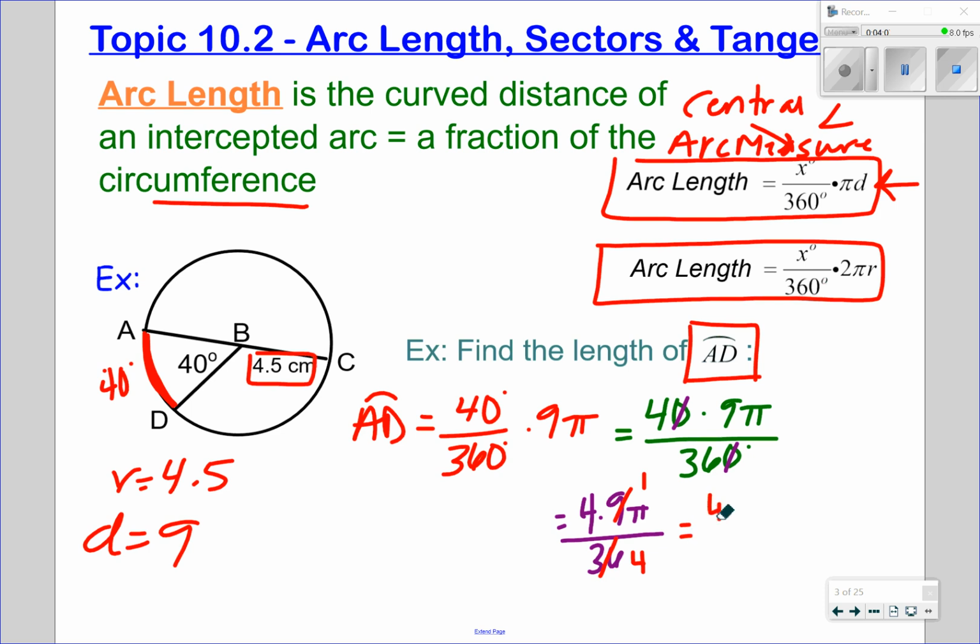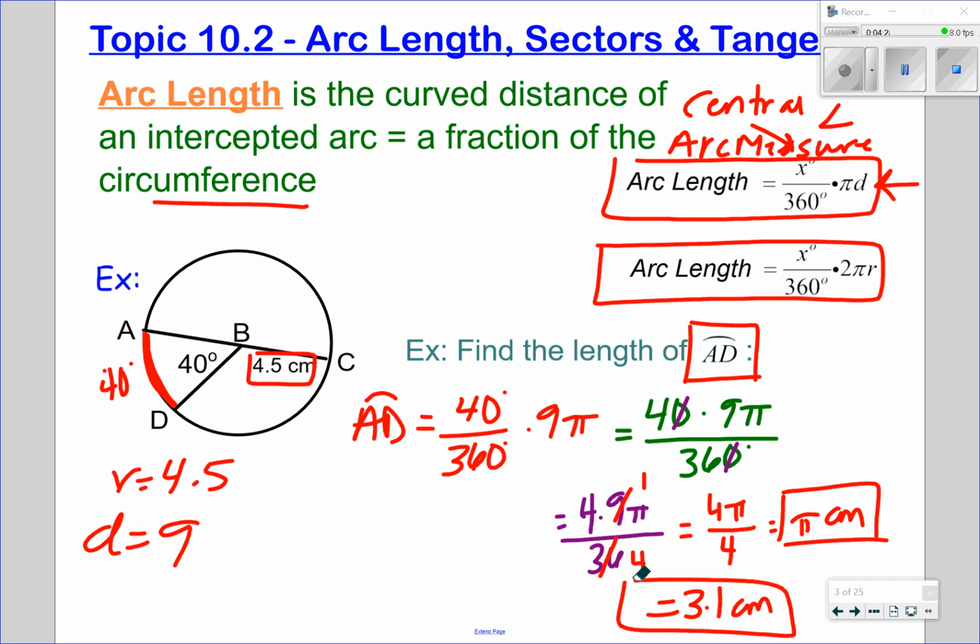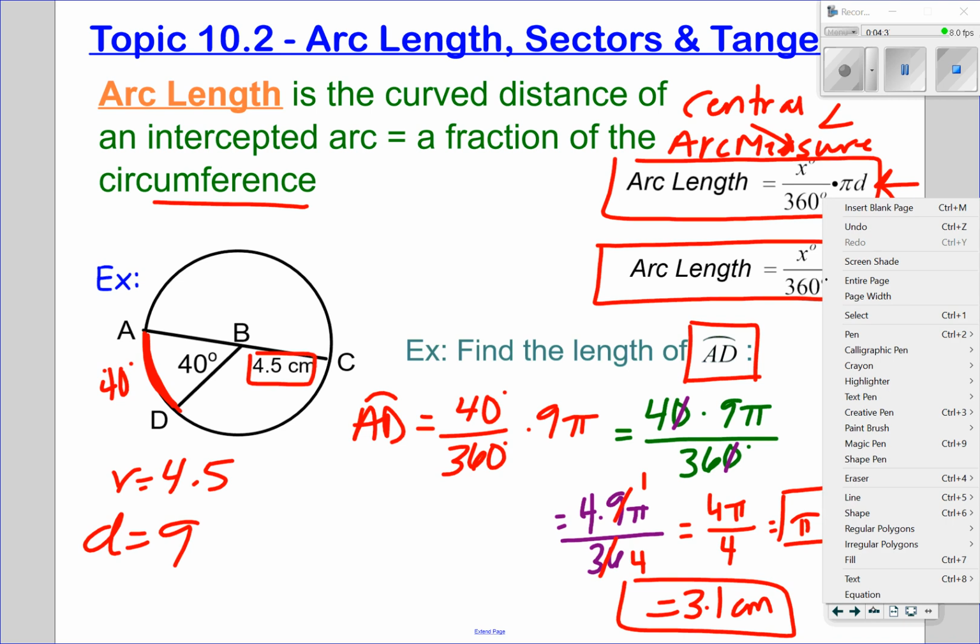So this becomes 4 times 1 pi all over 4. Well, 4 over 4 is 1, so my answer, the length of arc AD, is actually pi centimeters. Or if you were to round to the nearest tenth, 3.1 centimeters. Some of you might be thinking, whoa, what just happened? But just stay with me. The biggest idea is that arc length is a chunk of the circumference.